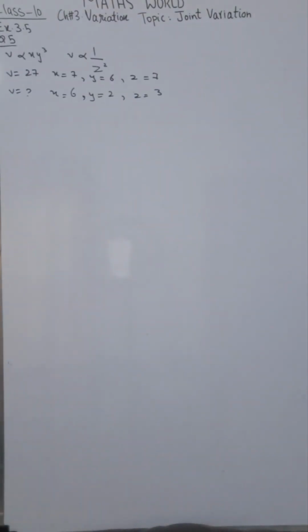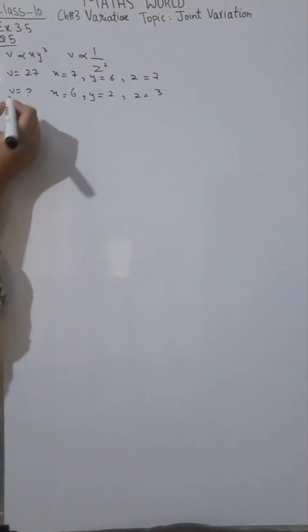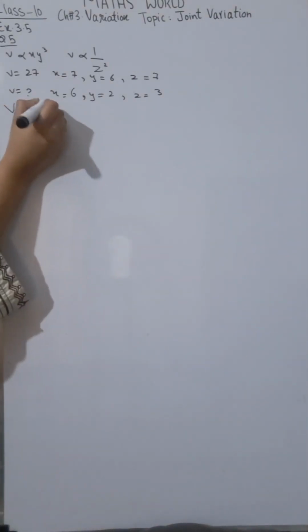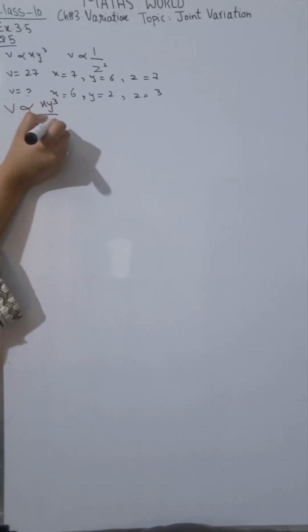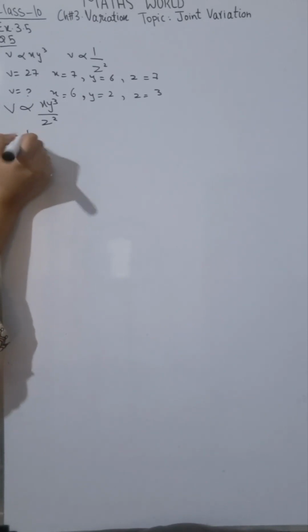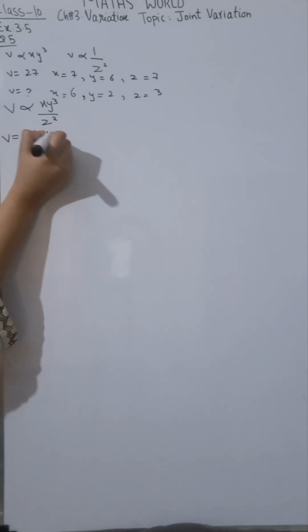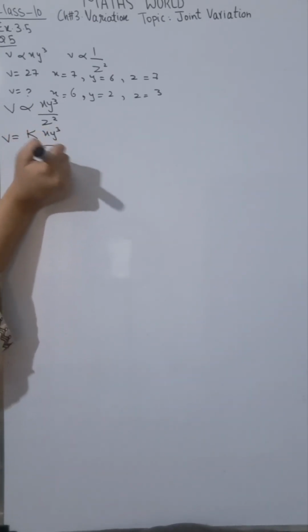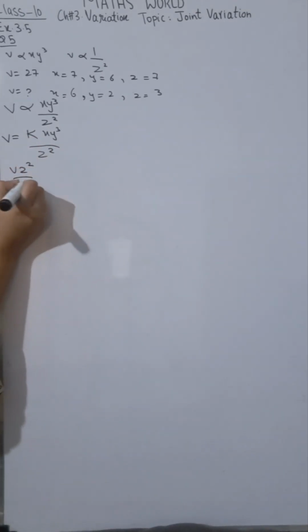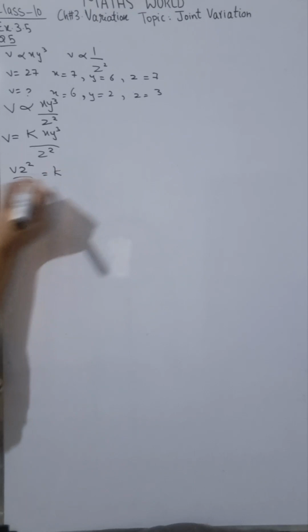Now we are going to solve question number 5. In this question, v is proportional to x y cube and v is inversely proportional to z square. So simply write in joint variation: v proportional to x y cube over z square. Replacing the proportionality with equality and k, v equals k x y cube over z square. Now v z square divided by x y cube equals k.